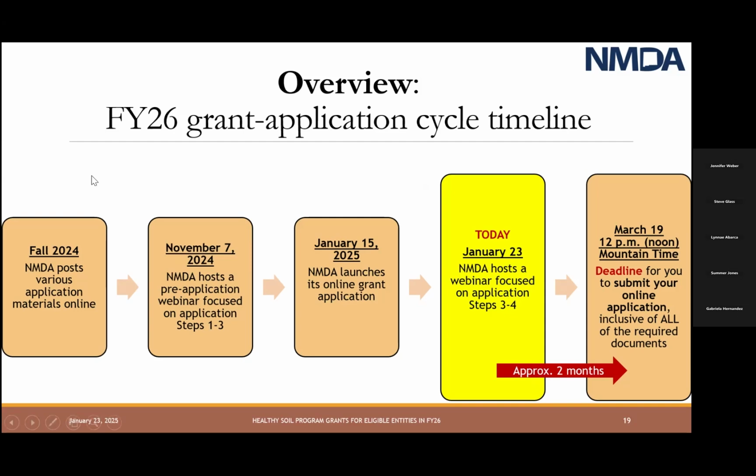Please remember that. That is noon and not midnight. So the application is due at 12 p.m. noon Mountain Time, and that is a hard deadline. Late or incomplete applications will not be accepted. So please mark that on your calendars as a hard deadline, March 19th, 12 p.m. noon Mountain Time. Next slide, please.